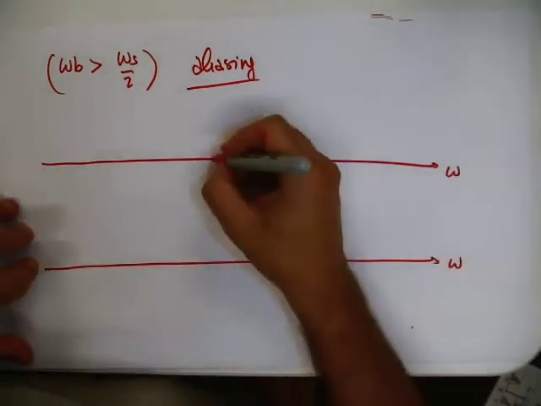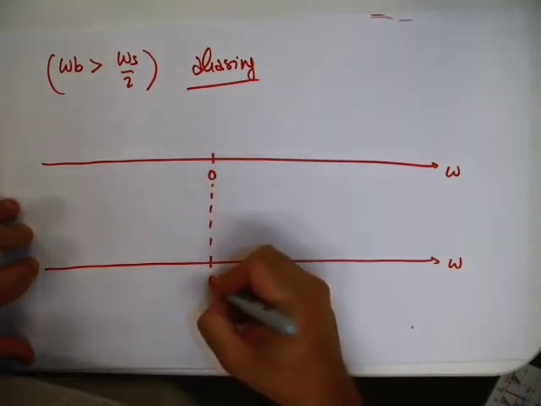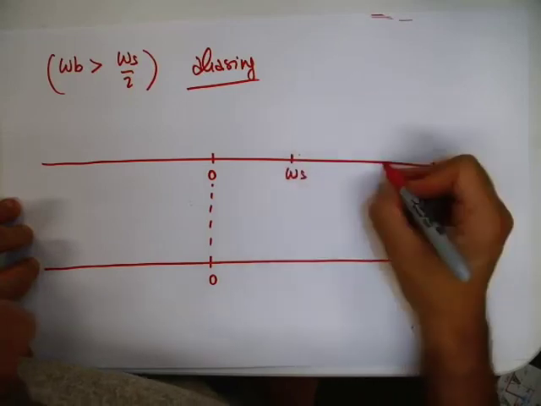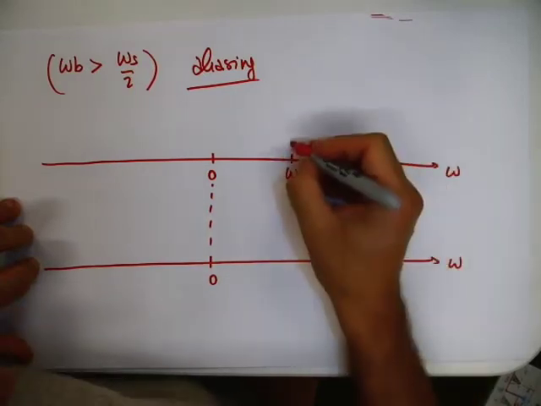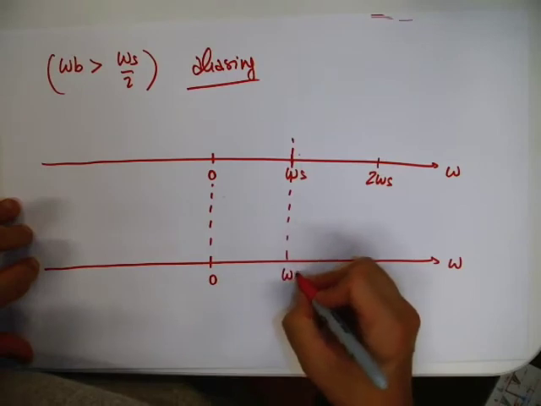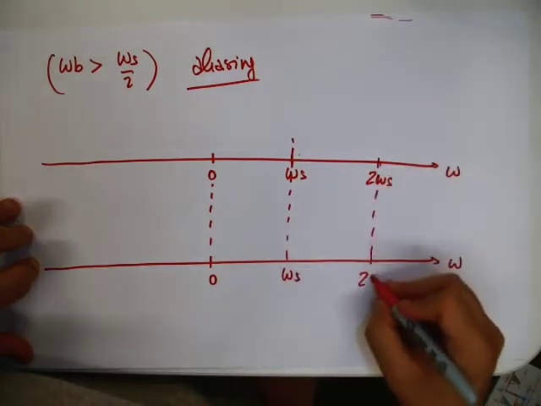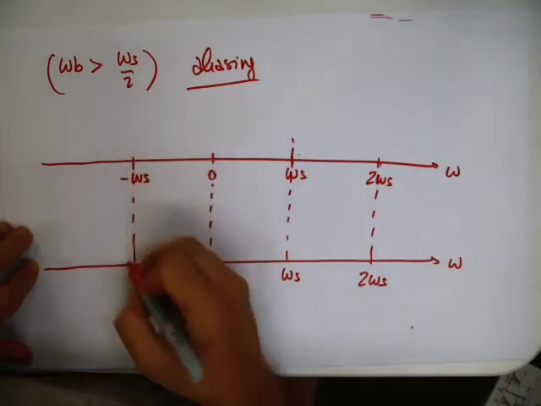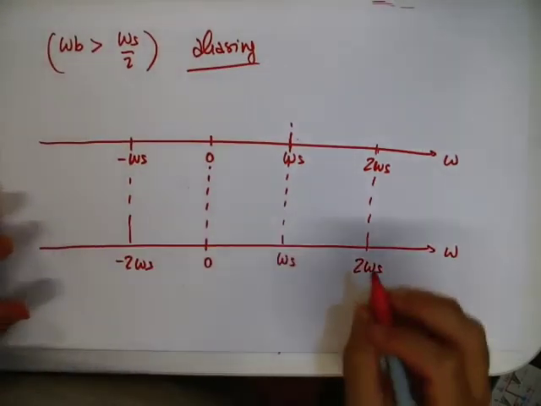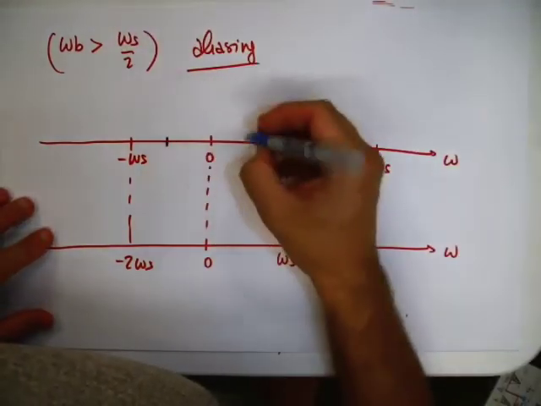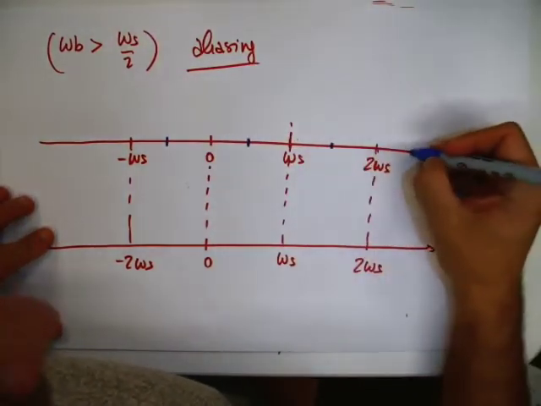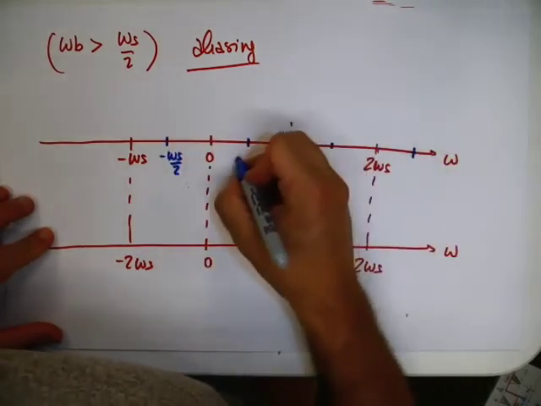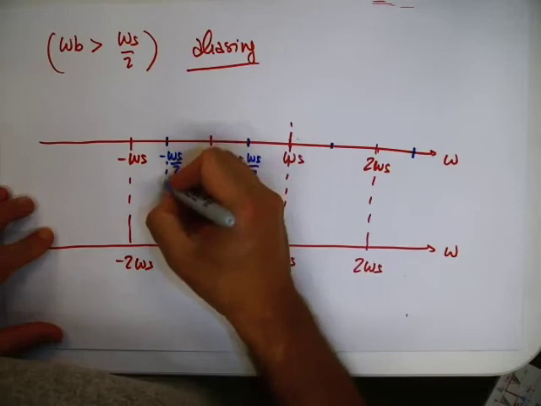So omega, this is 0. Now here we have omega s, 2 omega s, and then we have minus omega s, minus 2 omega sub s. And of course here there will be the middle values, minus omega s divided by 2 and omega sub s divided by 2.